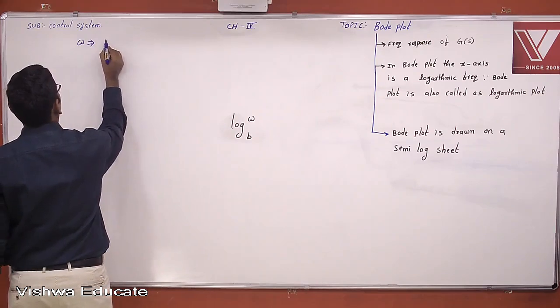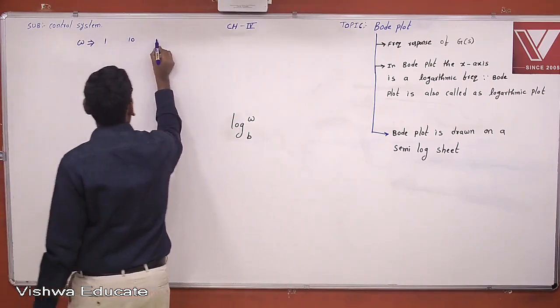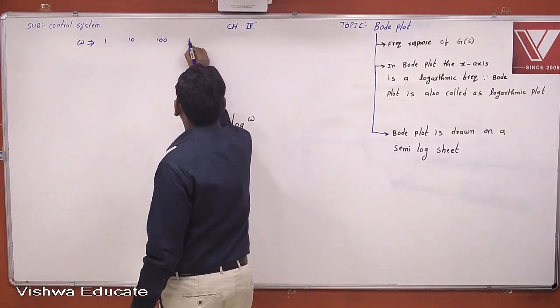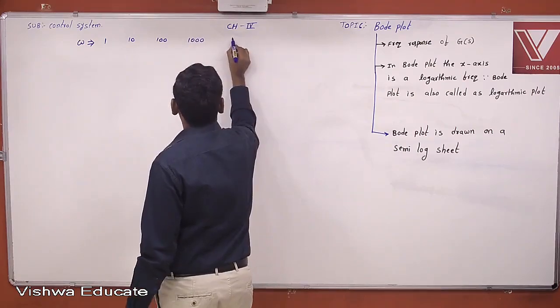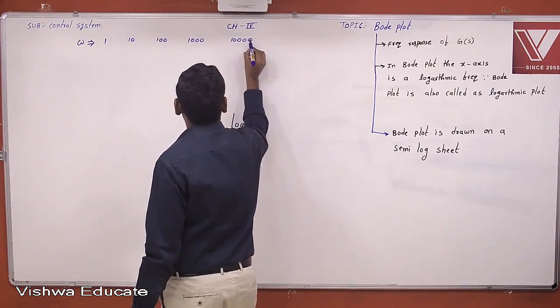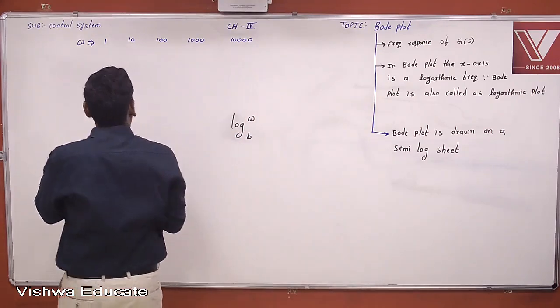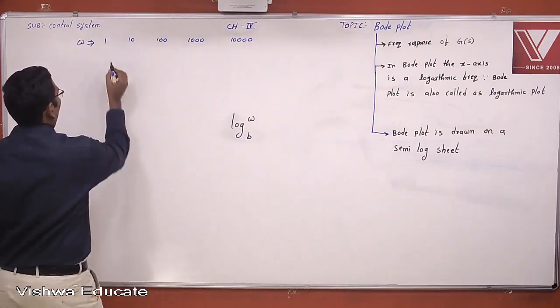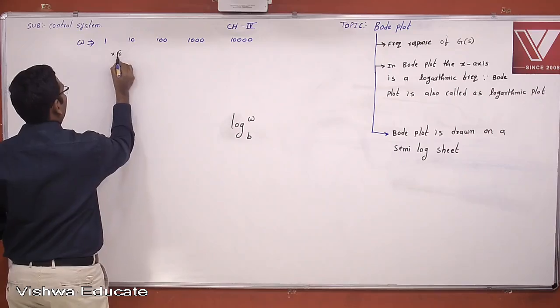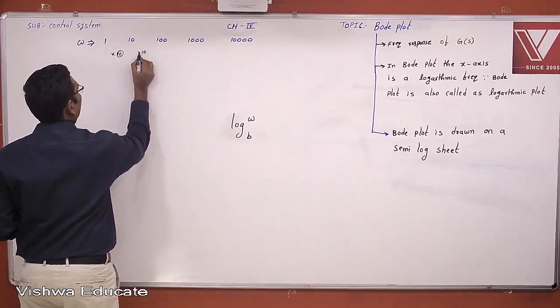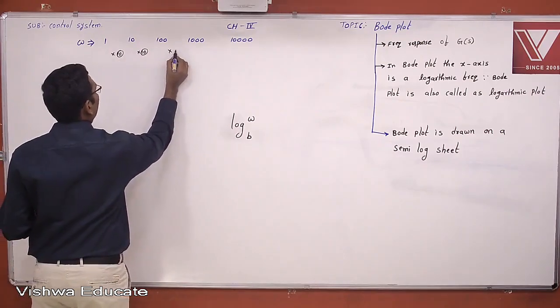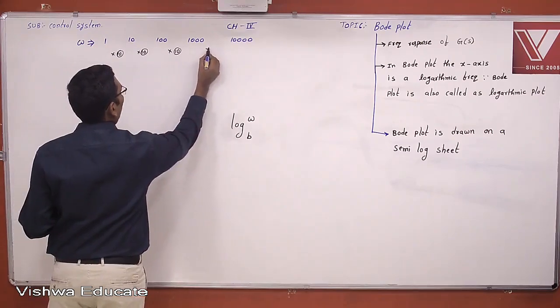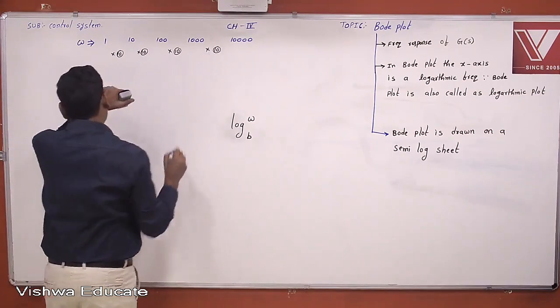If the frequencies are like this, 1, 10, 100, 1000, 10,000, like this. Now if you see here, 1 into 10, 10; 10 into 10, 100; 100 into 10, 1000; 1000 into 10, 10,000.